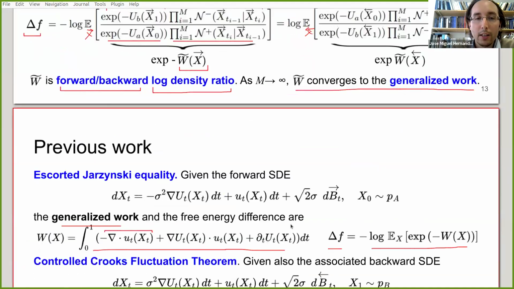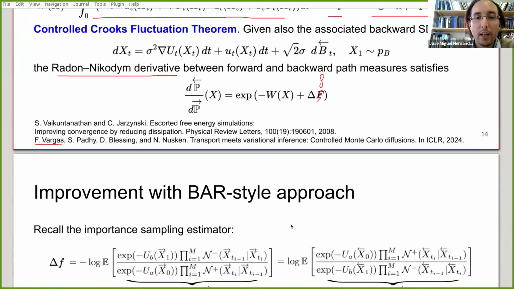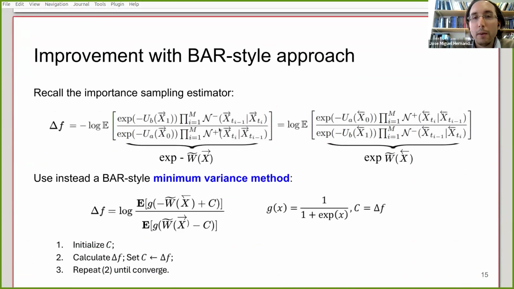And you can do exactly the same thing here. The only thing is that now you are going to use a BAR-style approach to estimate the free energy difference using samples that correspond to trajectories from the discretized SDEs, okay?